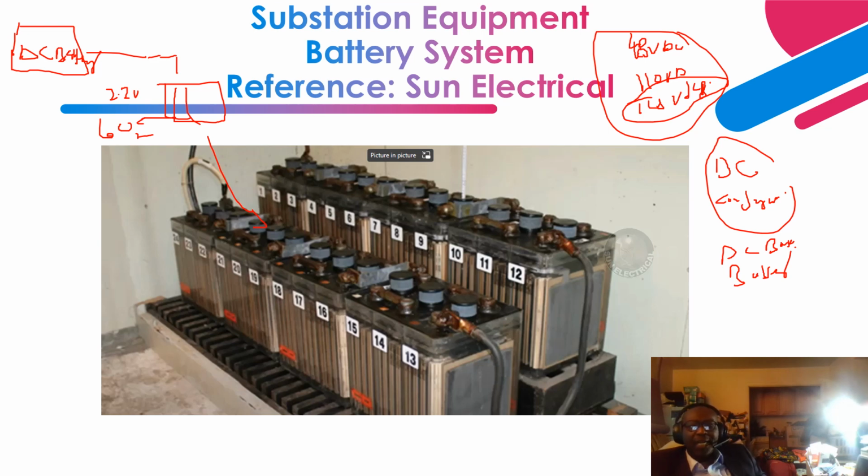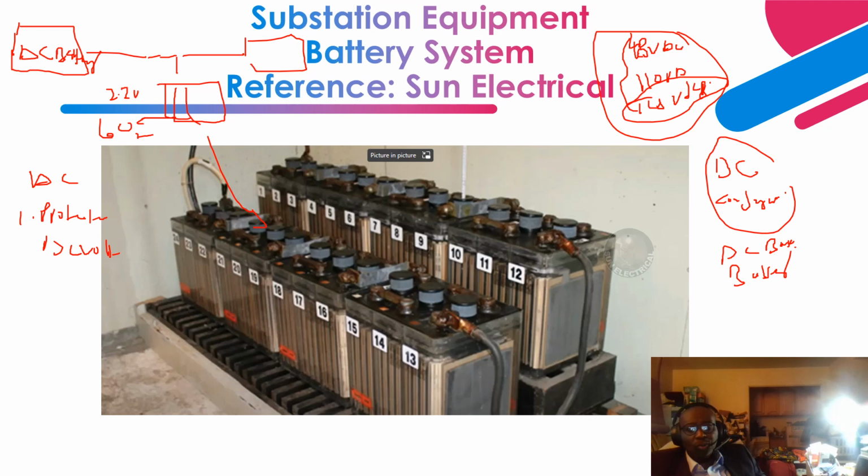Some of the equipment in the substation need DC voltage, and what are these devices? The first one is protective relays. Some of the protective relays require only DC voltage, whatever DC voltage that you specify.